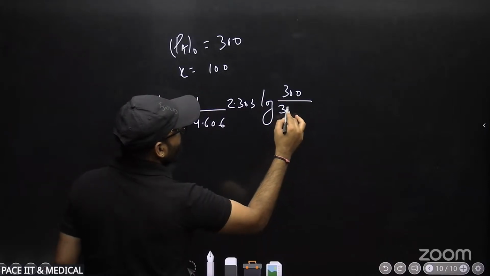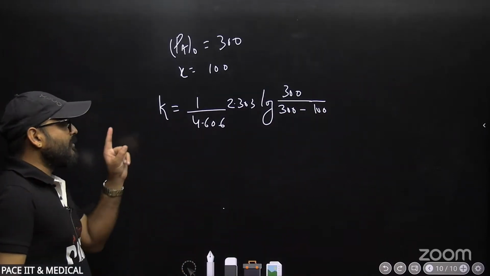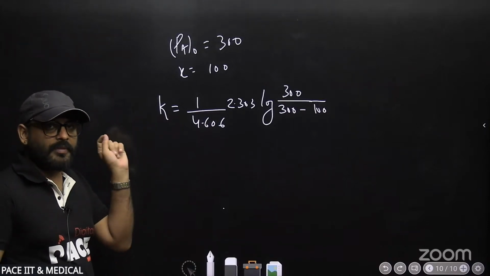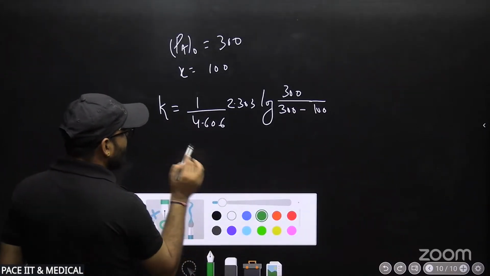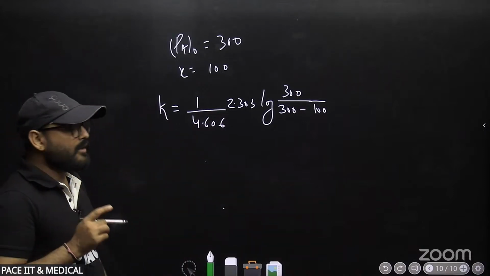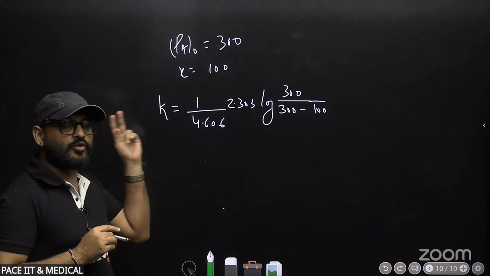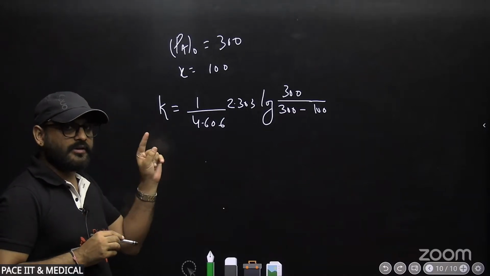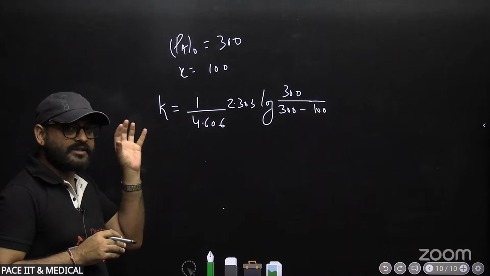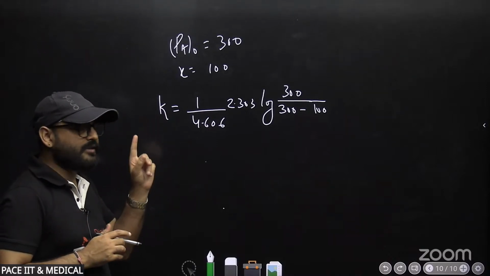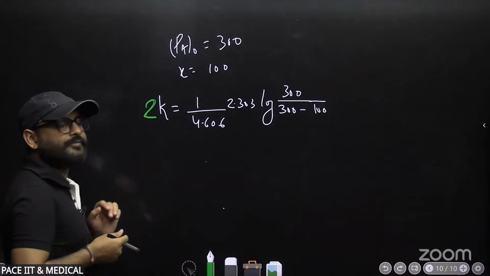PA naught is 300, minus x is 100. But we are making one mistake here, because the stoichiometric coefficient of A is 2, not 1. The reactant coefficient is 2, not 1. So we have to multiply that 2 here also.